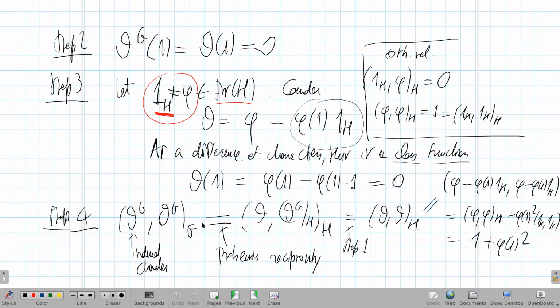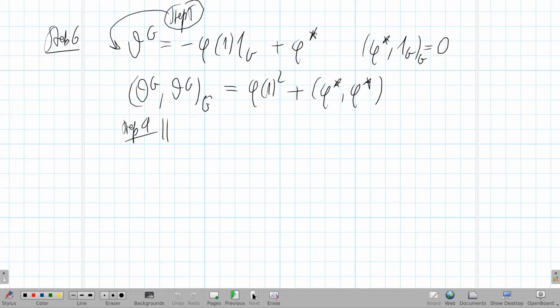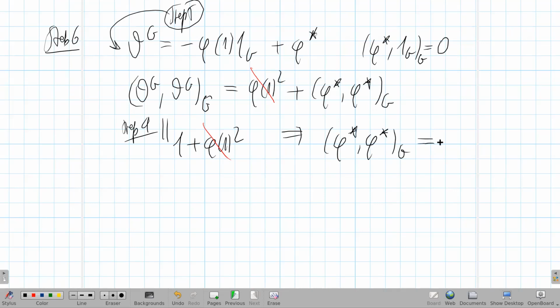Yes, that this inner product equals 1 plus phi(1) squared, okay? And so this is 1 plus phi(1) squared. You see, of course, these two cancel out. So what we obtain is that also this is, over G, phi star, phi star, equal to 1.